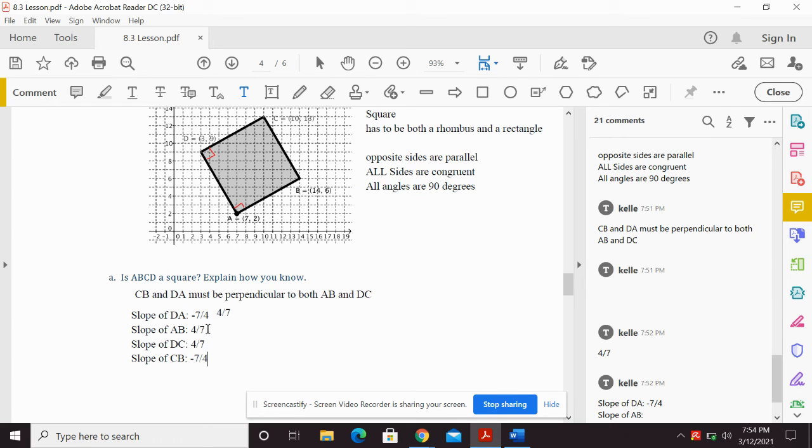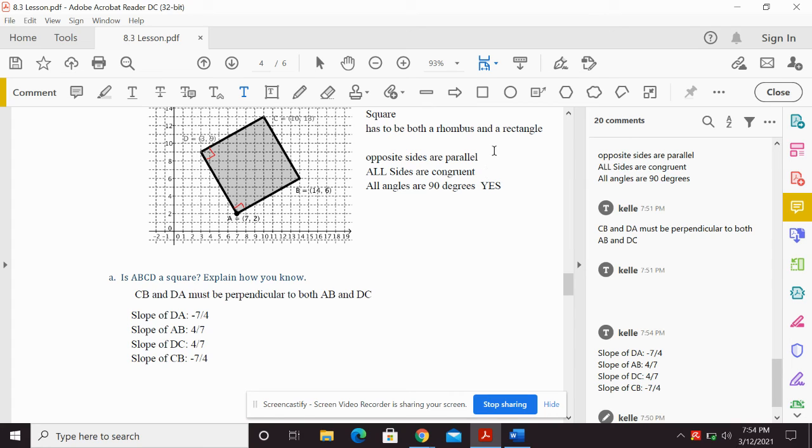DA is perpendicular to AB and it's perpendicular to DC. Same thing down here. CB is perpendicular to DC and AB. So we can check off the 90-degree thing. We figured that out. Yes.